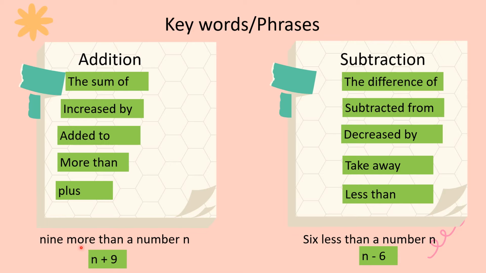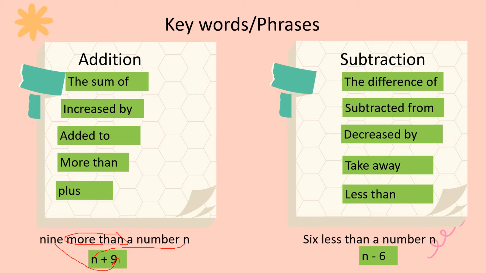So I am going to write n plus 9. Because of the words more than, you are going to switch this. The n should be first, and the 9 should be here.